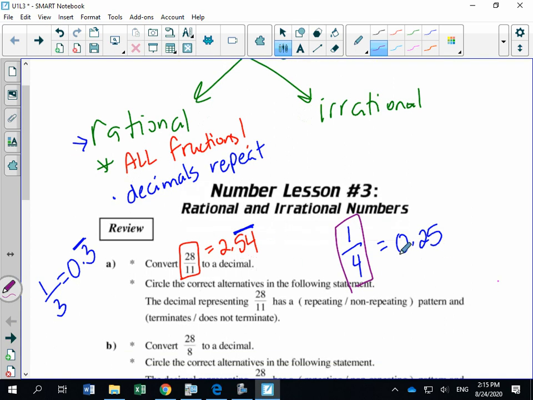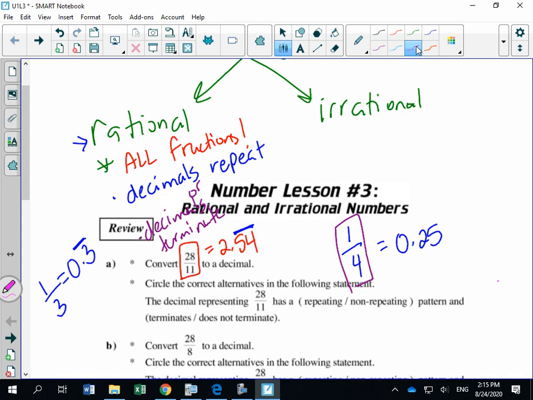So rational numbers, their decimals either repeat or they terminate. That's what you need to know for rational. I always call them the nice, clean numbers: their decimals either terminate or they repeat.